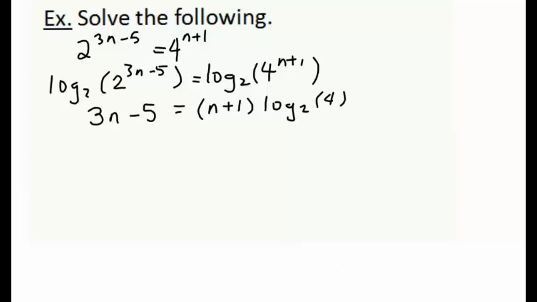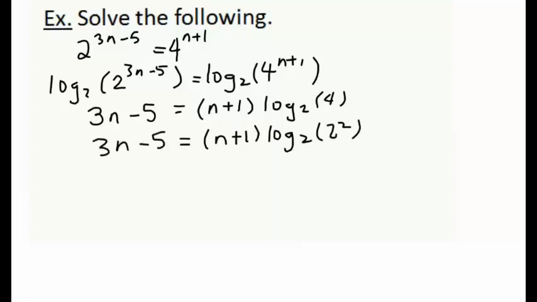It doesn't always happen so nicely that this logarithmic expression is going to simplify, but in our case, we can write 4 as 2 squared. And now we can see on the right-hand side that this is going to change into n plus 1 times 2.